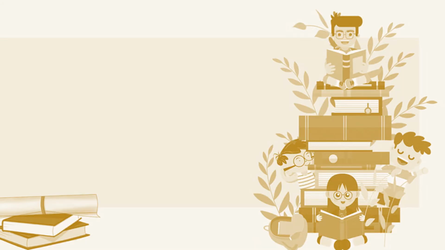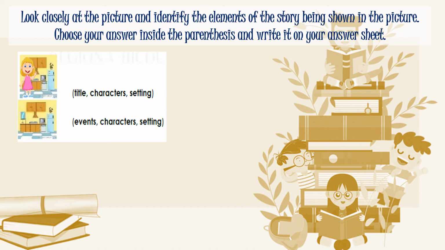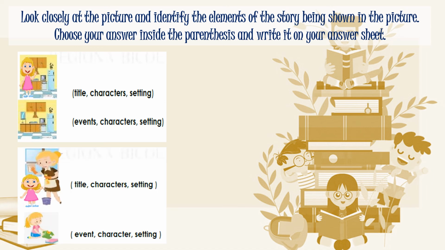Look closely at the picture and identify the elements of the story being shown in the picture. Choose your answer inside the parentheses and write it on your answer sheet. Here is the first and second picture. The third and the fourth picture.